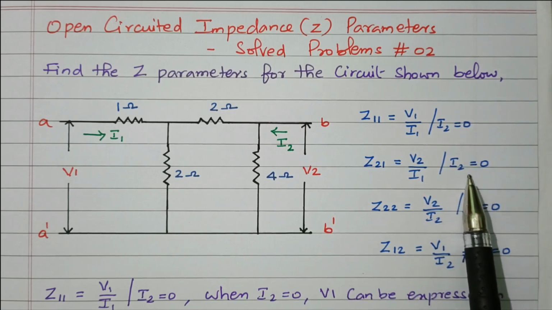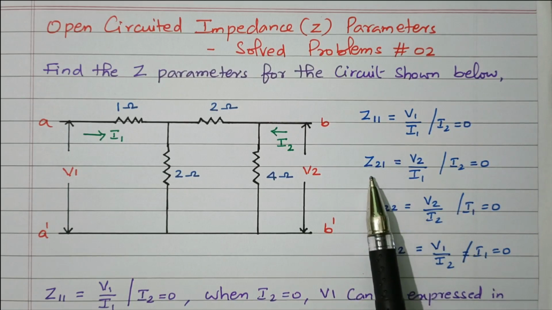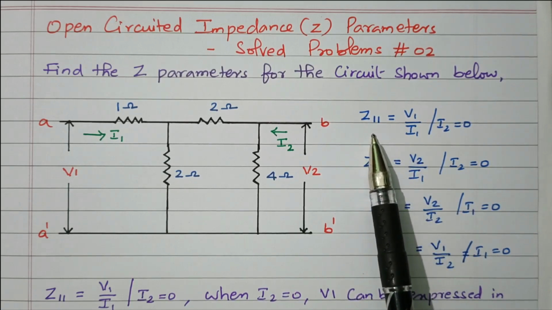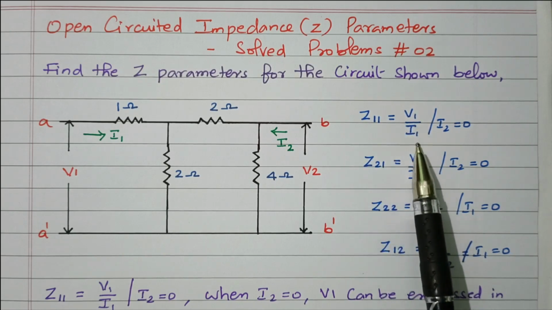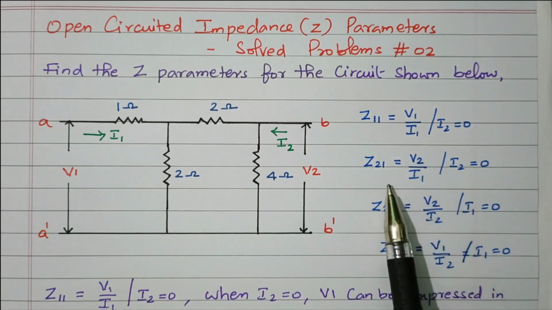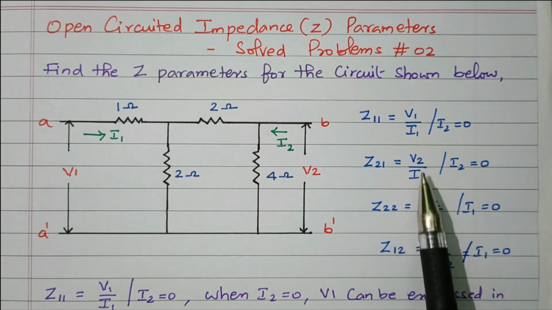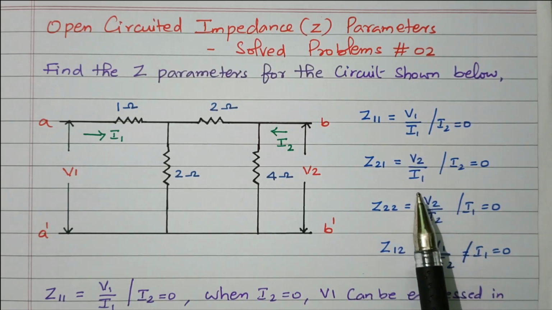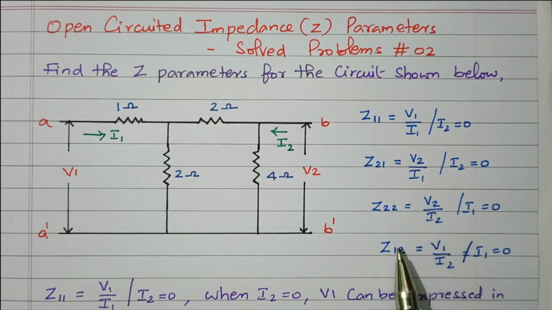By keeping I2 equal to 0, we can find Z11 and Z21. Z11 is nothing but open circuited input impedance V1 by I1, referring the input parameter. Z21 is the V2 by I1, output port voltage by input port current. So that it is an open circuited forward transfer impedance. Transfer between input and output.